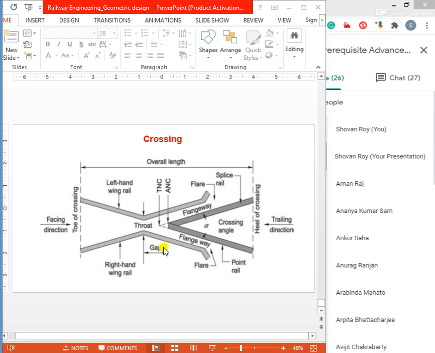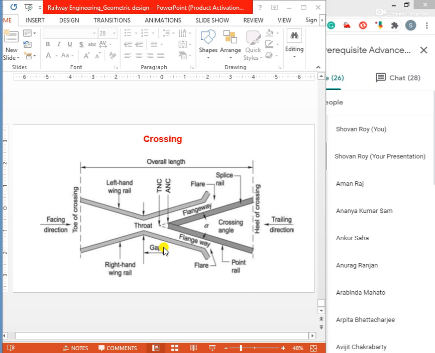A crossing or frog is a device introduced at the point where two gauge faces cross each other, to permit the flanges of railway vehicles to pass from one track to another. Another name of the crossing is frog.